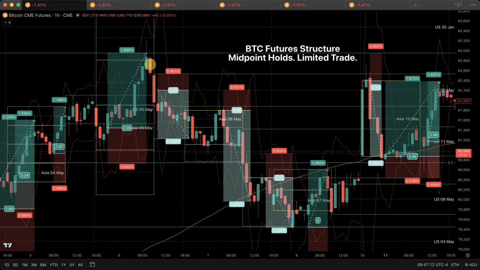Move the stop only after price earns distance. Do not pull it too tight. If it sits too close, normal reaction removes the trade. Do not leave it too loose. If it gives back the entire move, the trail has no purpose. The stop must protect earned distance without choking normal movement.